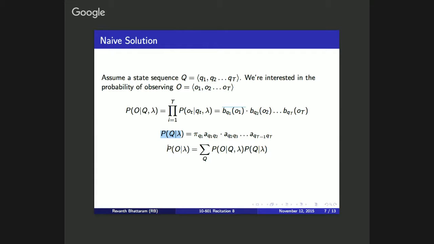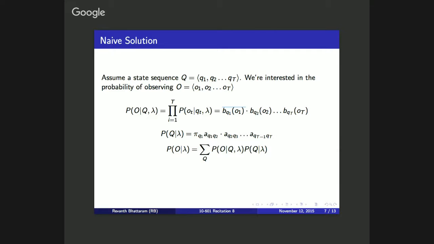So our original question was, what is the probability of observing an observation sequence given the model? That will be equal to, we're doing conditioning over here. We look over all possible state sequences and multiply the probability of that state sequence times the probability of observing that observation sequence given the state sequence.